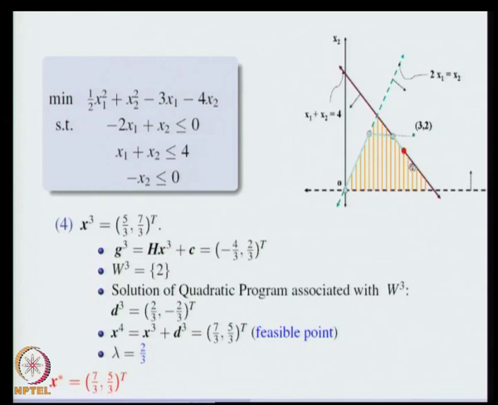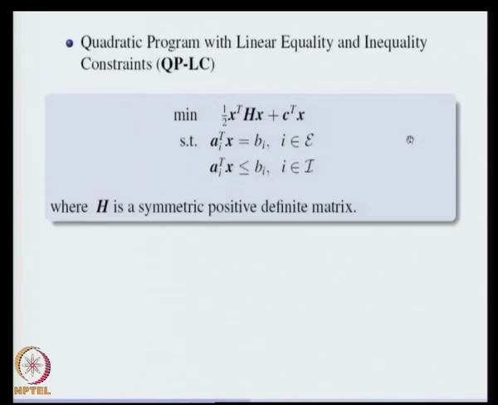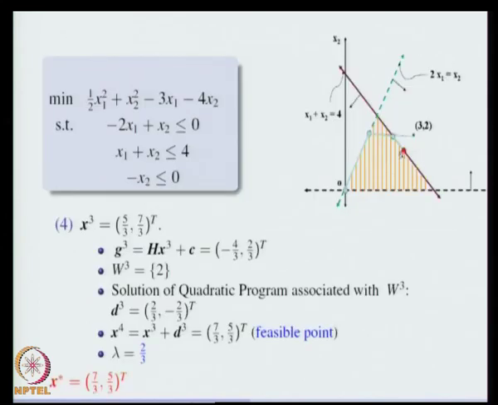That direction turned out to be this direction, and we took a step of unit length along it to come to this point. At this point, we checked the Lagrange multiplier associated with this constraint and found that it is 2 by 3, which is positive. So, certainly this point is the minimum point.